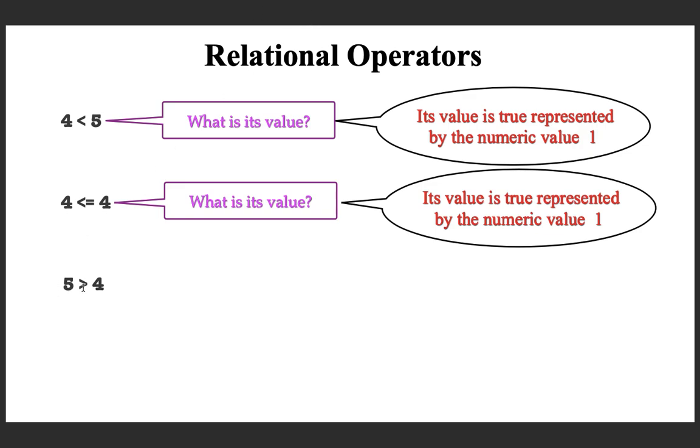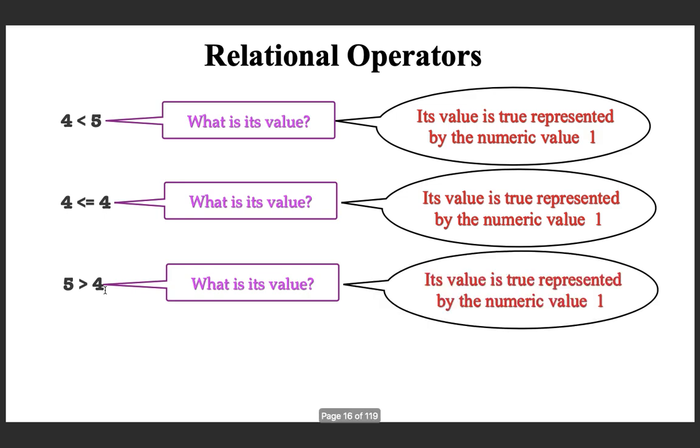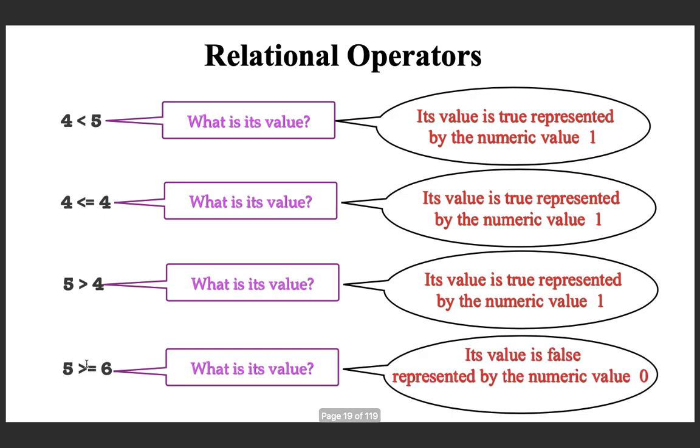Now the third relational operator is greater than, and we are checking whether 5 is greater than 4, and its value is expected as true because 5 is in fact greater than 4. And the next one is greater than or equal to. Here it's greater than and equal to, and the expected value must be false because 5 is not greater than or equal to 6. So the value is false.